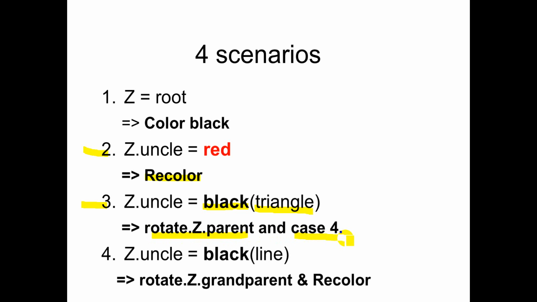And directly, if the uncle is black and the relation is a line, then we rotate the grandparent and perform the recoloring. Then we get a red black tree, which preserves all the properties of a red black tree.